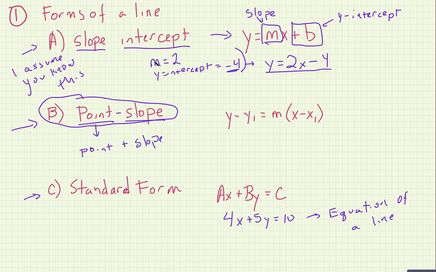So, for example, instead of being given m equals 2 and y-intercept is negative 4, if you were given a point (3, 5) is on the line, and the slope is 4, then I can write an equation just given this information without really doing any math.